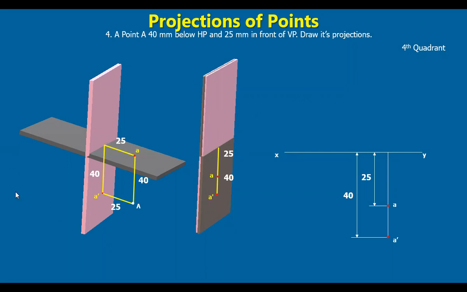So far we have seen the problems with these planes. Now let's do them without all these planes by just understanding the position of the problem. So point A is in HP and 40 mm in front of VP. So in HP, that means when you are looking at the front view, the point is obtained on the reference line. Call it A dash.